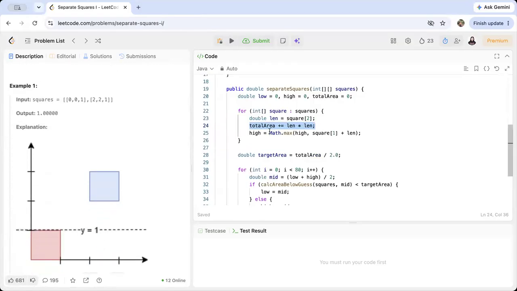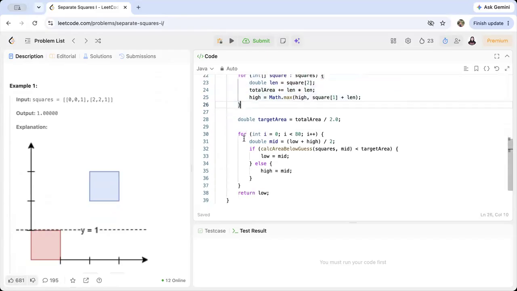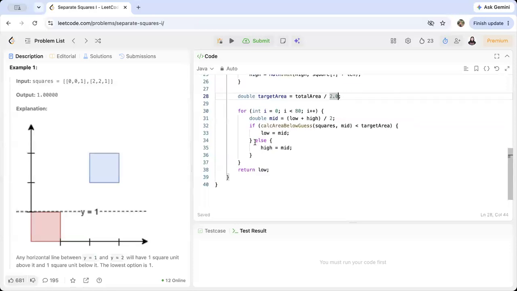Then we are also calculating the maximum y height in our search space of all the squares. And then we calculate our target area. So that's why we divide it by 2.0, which is a floating point division. And then we use binary search on the space and in the end return low.